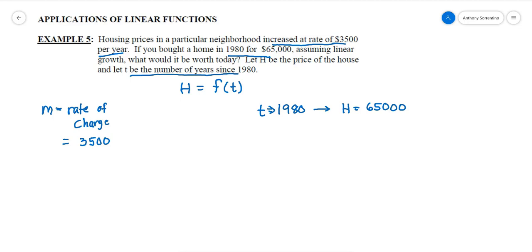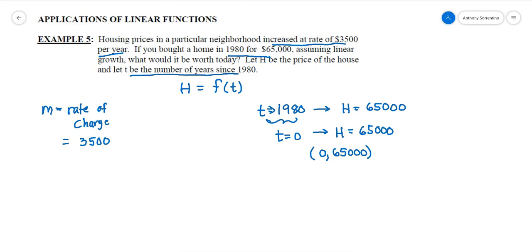So if we're in 1980, the number of years past 1980 means that T equals 0. So when T equals 0, H equals 65,000. So it's telling us we have an ordered pair of 0, 65,000. This would be my y, or in this case my H-intercept.